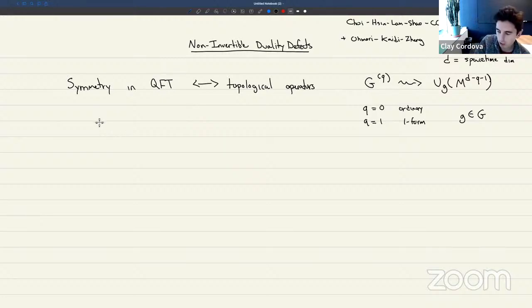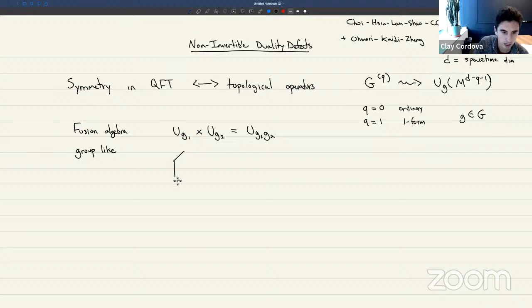And there's an important story here about their fusion algebra. And the fusion algebra for ordinary symmetries is group-like. What that means is that if you take U_g1 and you collide it with U_g2, this is equal to U_g1g2. So here I've suppressed the fact that they're all three supposed to be on the same submanifold.